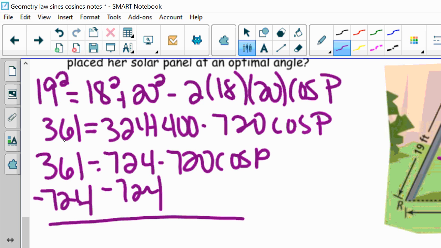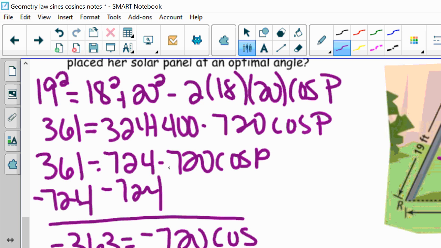So 361 minus 724 gets me negative 363 equals negative 720 cosine of P. I need to divide by negative 720.